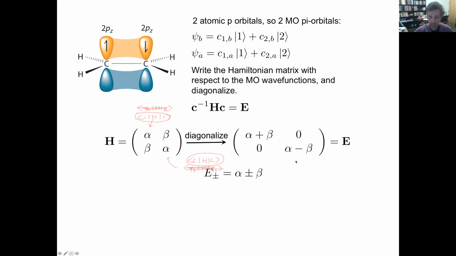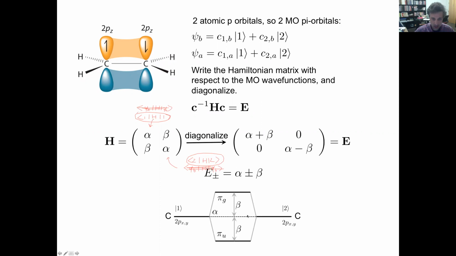And what it spits out are two things. It spits out the so-called eigenvalues on the diagonal, as well as the matrix that makes that possible, and that's the matrix C. So you get two answers, the matrix C and the matrix E, from this procedure. And that's exactly what we need.